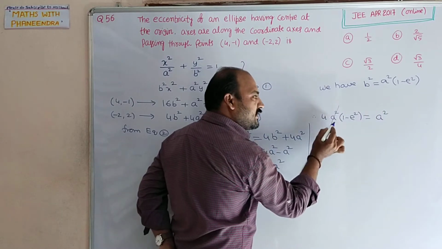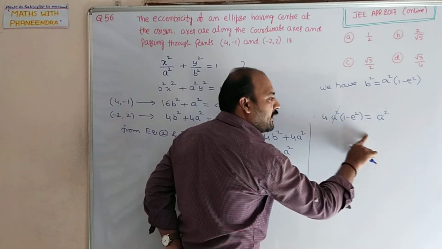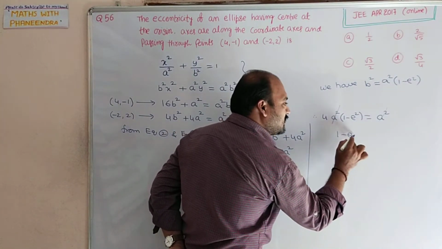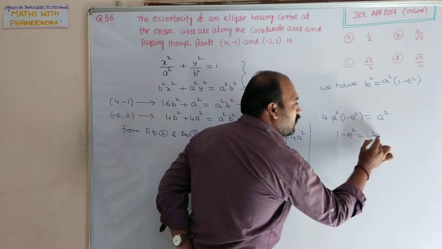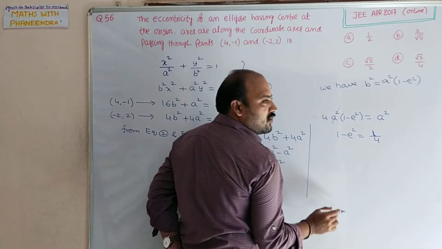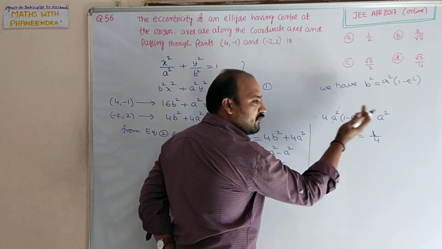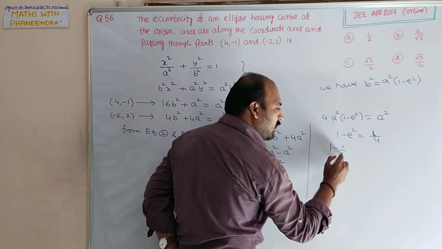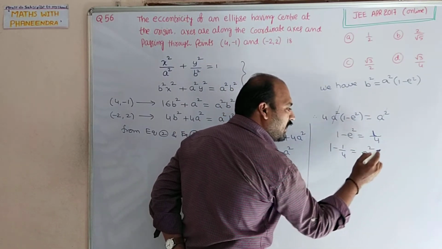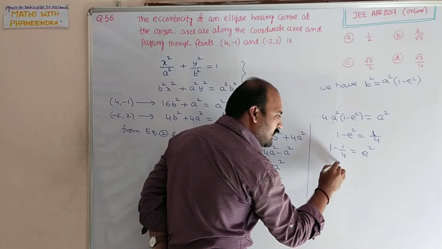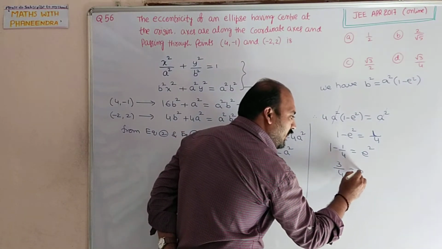On both sides a square gets cancelled. Taking 4 to the other side, 1 minus e square is equal to 1 by 4. So 1 minus 1 by 4 is equal to e square. So 4 minus 1, 3 by 4 equal to e square.